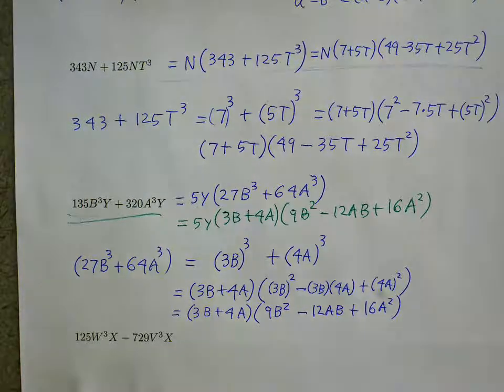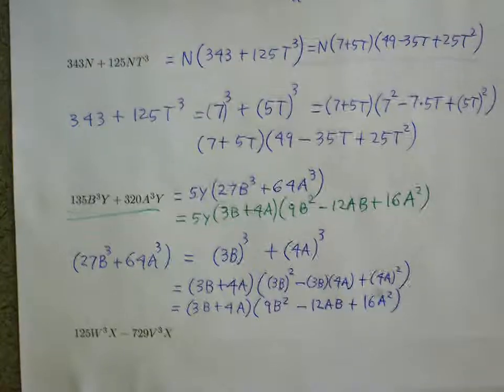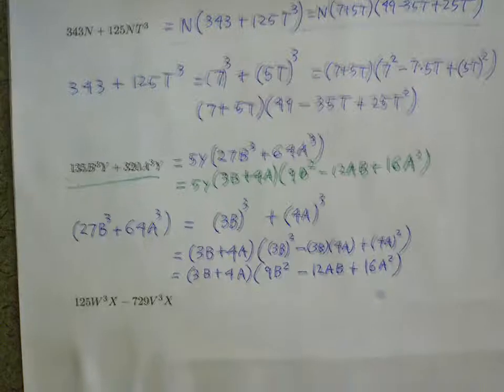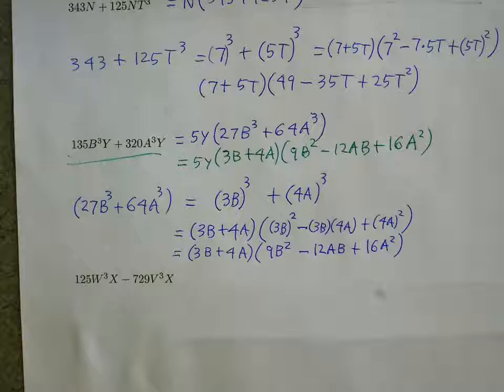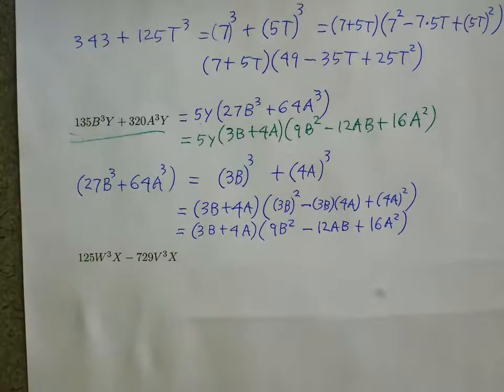Okay, another one. 125w to the third x minus 729v to the third x. Well, each of the terms has x, so we can factor that out at least.